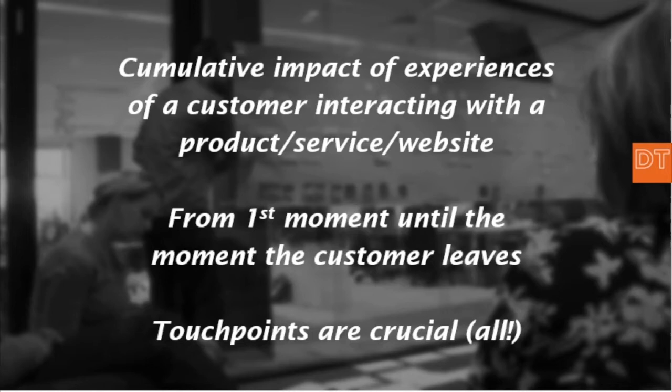Of importance is that it's not just about one experience. For example, in the coffee shop, it's not just the interaction someone has while ordering coffee. No, it is the entire journey of experiences and the cumulative impact of all those experiences together of someone interacting with a product, a service, a coffee shop, a website, or an organization.